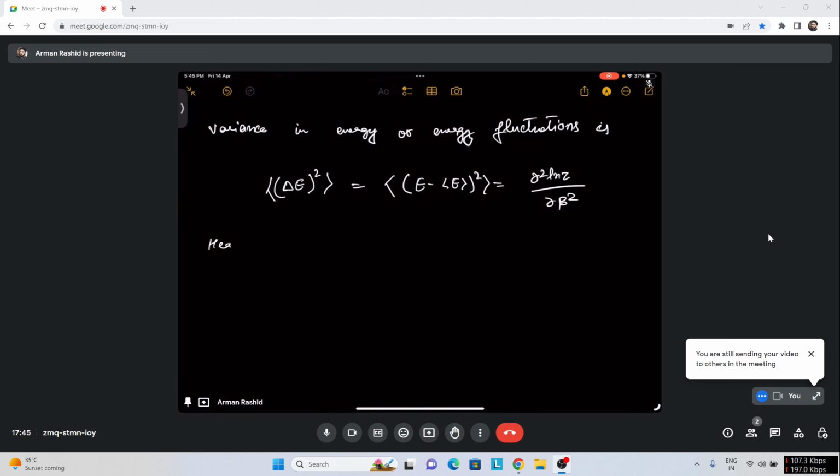Therefore heat capacity CV will be given by dE by dT, which is given by 1 by kB T square times the variance of delta E squared.